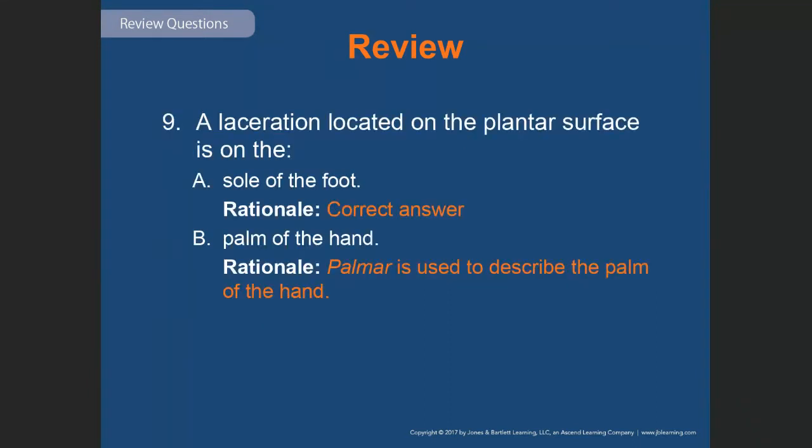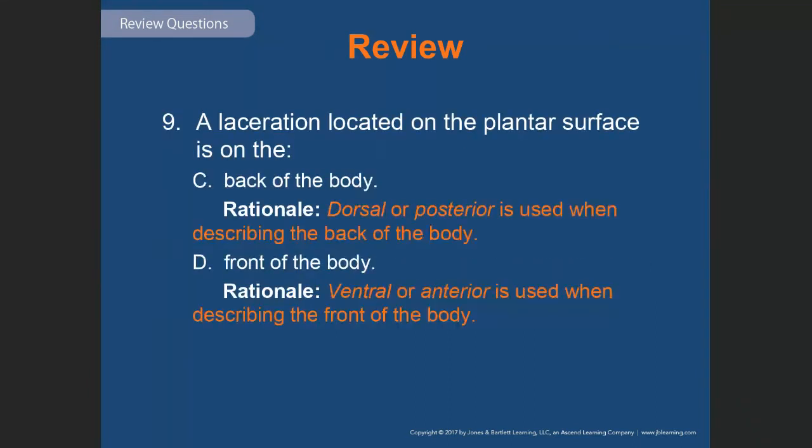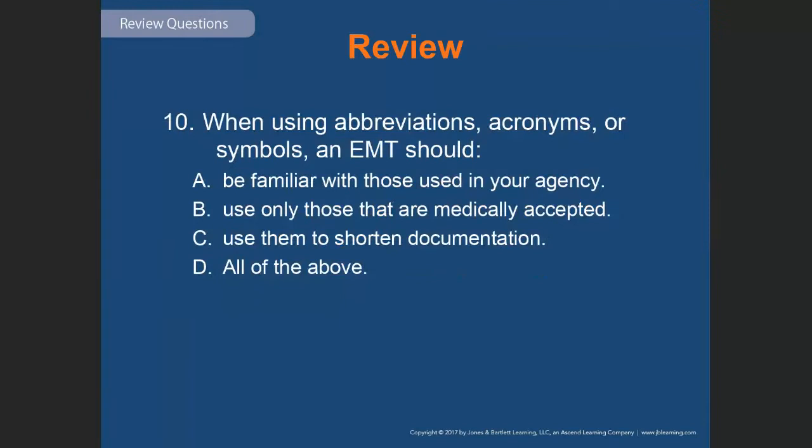And the final question is, when using abbreviations, acronyms, or symbols, an EMT should. I'm seeing B's and I'm seeing D's. I'm seeing A's. Interesting.